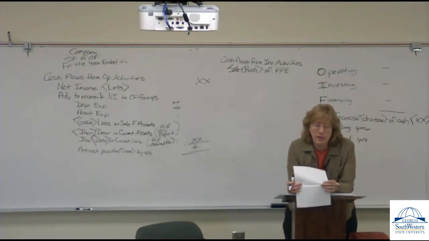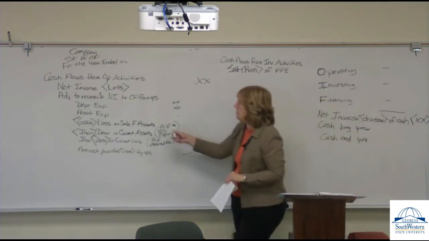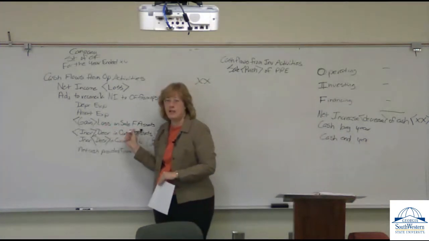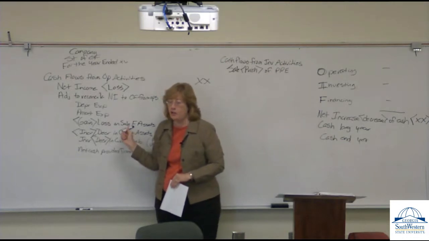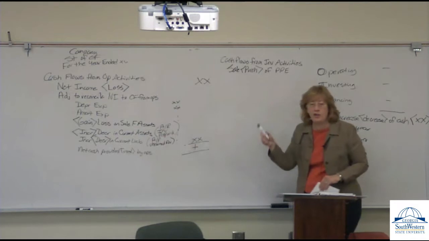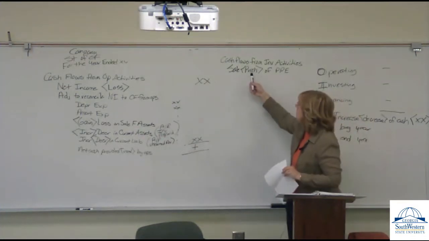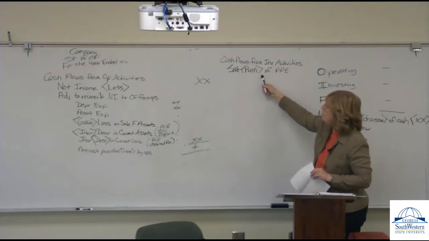But there's one little weird thing on the property, plant, and equipment part, which is that when you sell a piece of equipment, you have a gain or a loss on the sale of equipment. Remember that we had it over here? Gain or loss on the sale of fixed assets. The thing that goes there is the amount that was on the income statement as the gain. Doesn't this seem kind of repetitive?